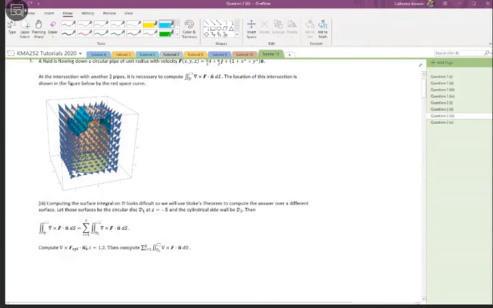So instead, we're going to use Stokes' theorem. Instead of integrating over this surface here, that's bounded by this red space curve, we're going to integrate over the two surfaces, this cylindrical one here, and then this one on the bottom as well, this disc here.